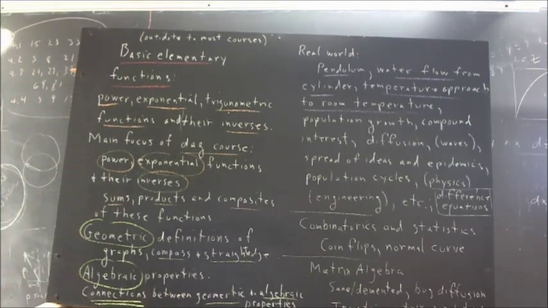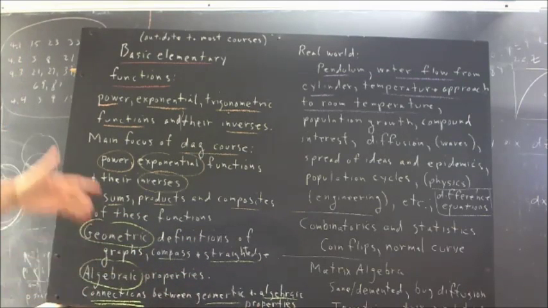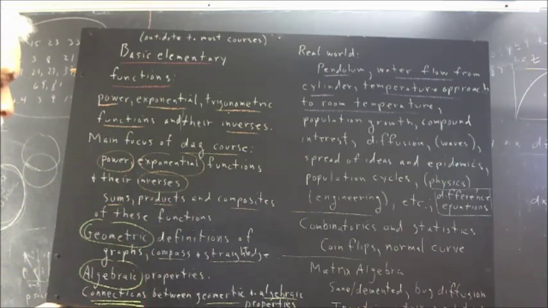We want you to come out of this course understanding this classification and understanding geometric properties. You will see the algebraic properties. Hopefully the geometric properties will give you something to relate them to. Now we're going to do quite a bit with the algebraic properties and the relationships.